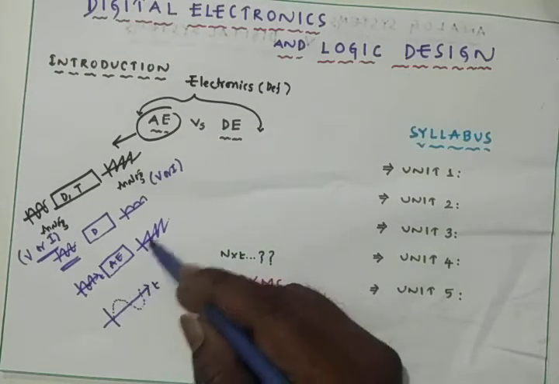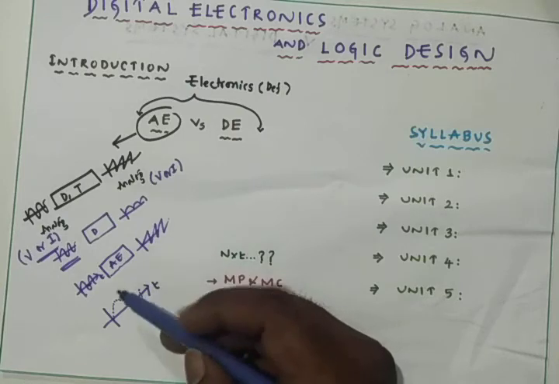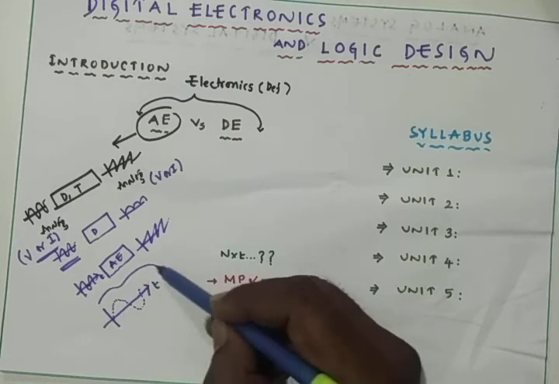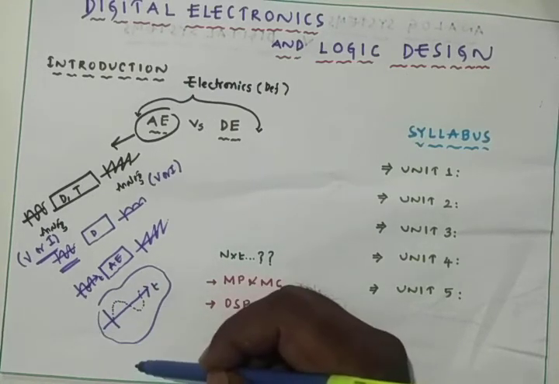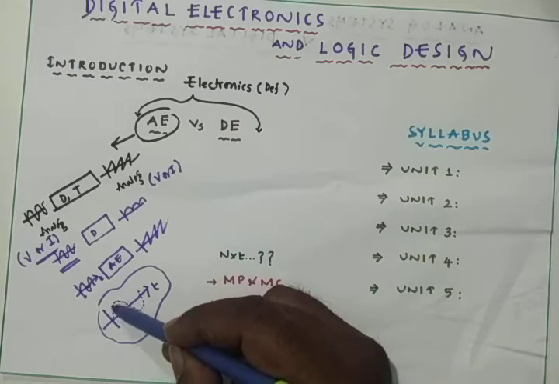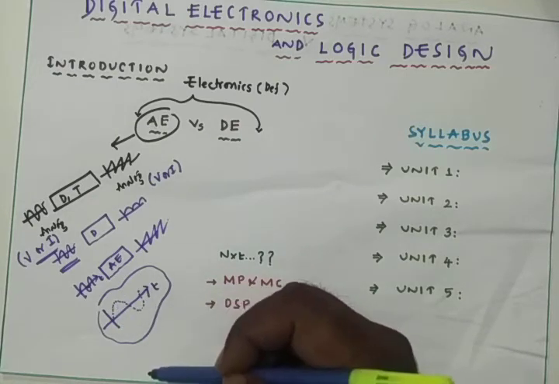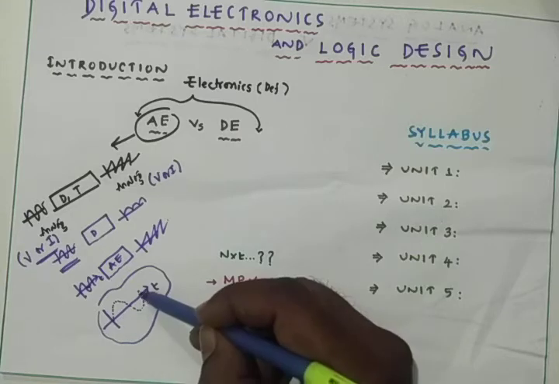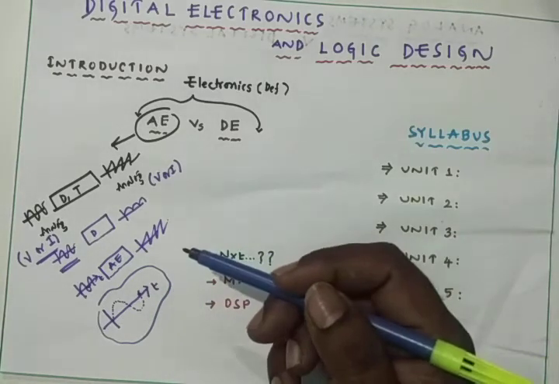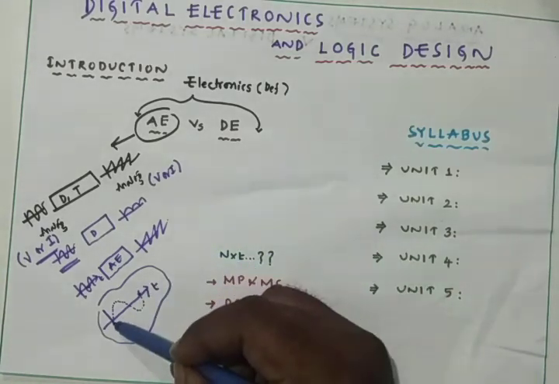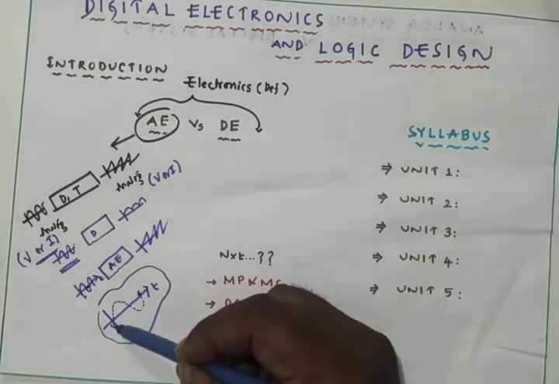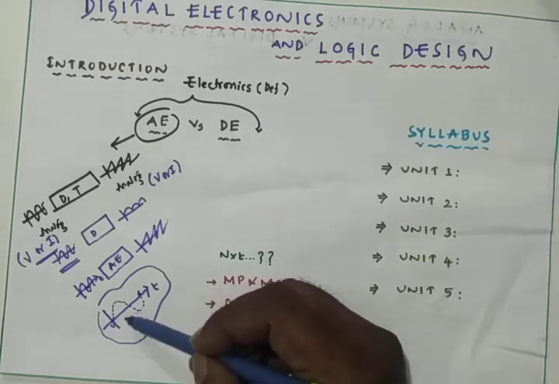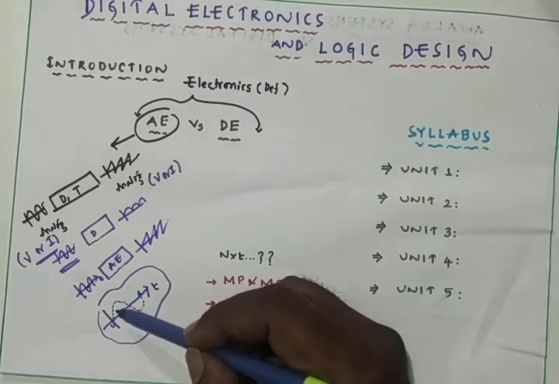In the output, if it is an output voltage, we can have infinite values. From here to here, we can get infinite values. We can have one value at t equals 0, one more value at 0.1, one more value at 0.11.